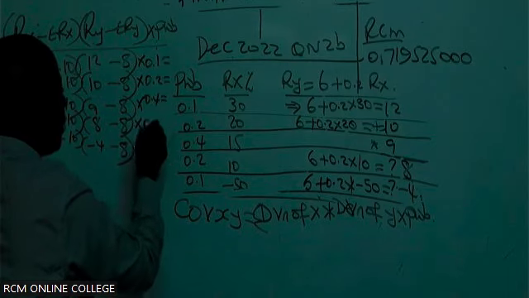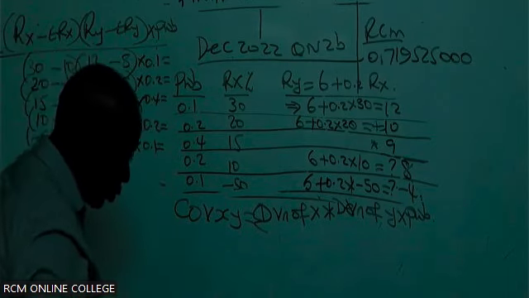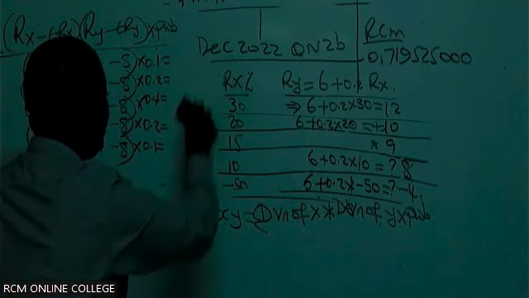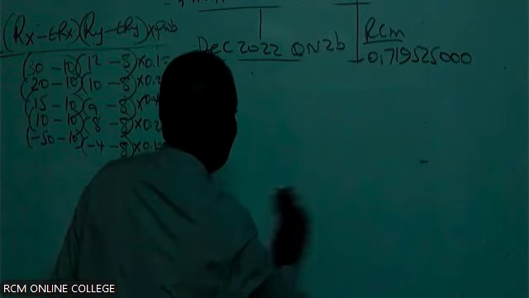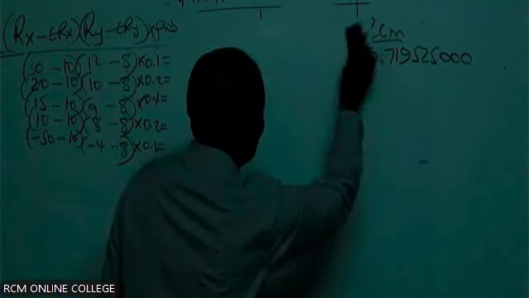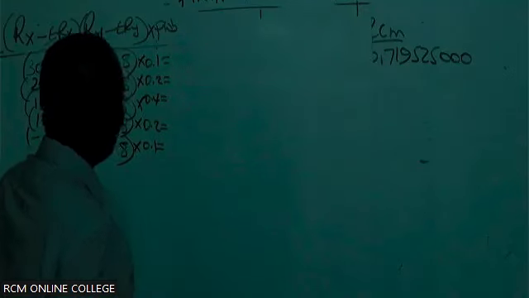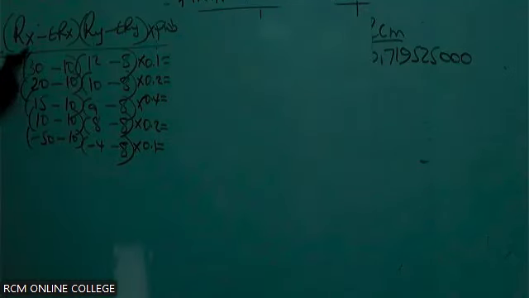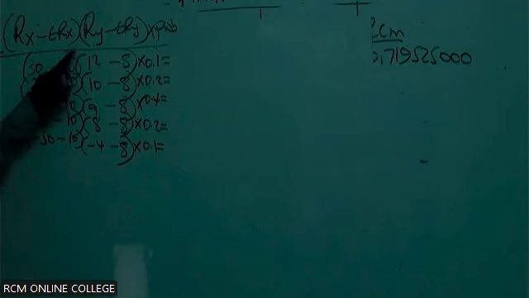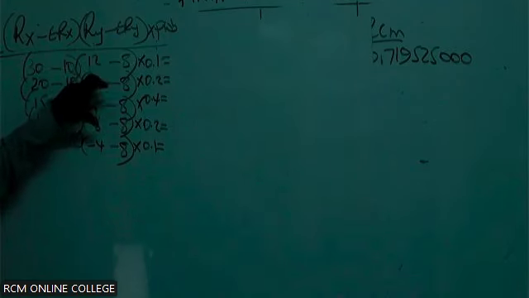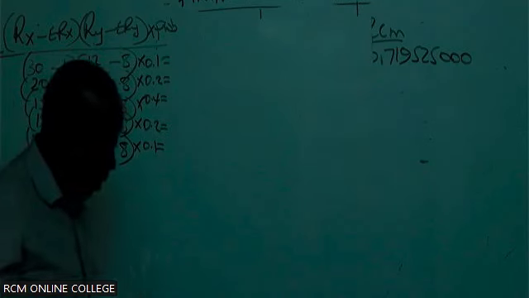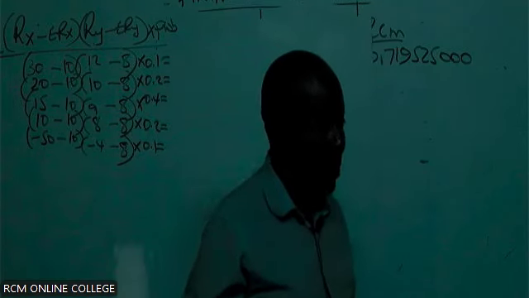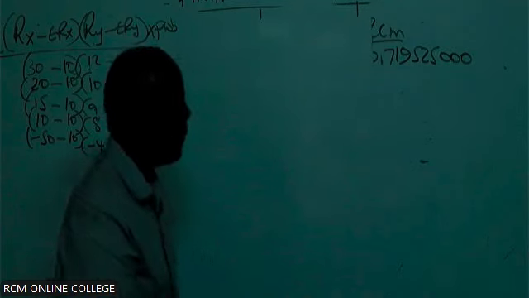Please get out your calculator: open brackets 30 minus 10, close, times open brackets 12 minus 8, close, and then times 0.1. So what are we getting there? 8. The first one is 8. Thank you very much.